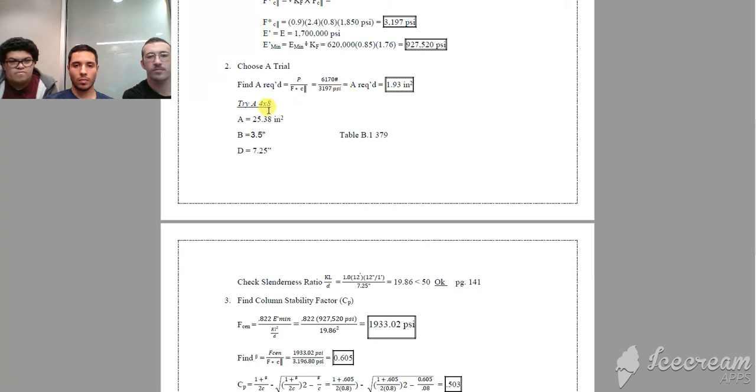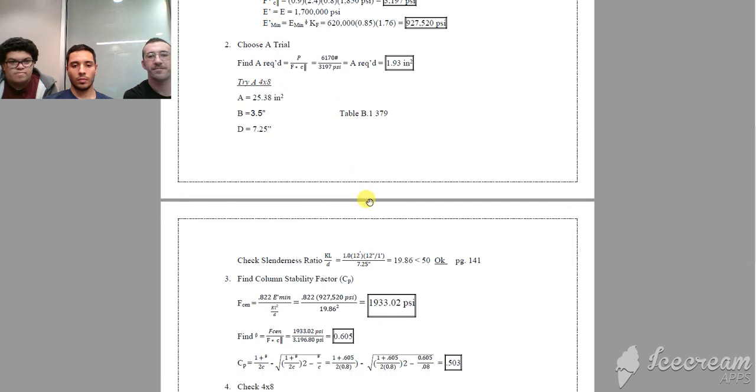We tried 4x4 and it didn't work either. So we doubled it. We got the area for 4x8, and from the book, the B is 3.5 because we have 4, and the D is 7.25 because we have 8, and that's from the book in table B1.